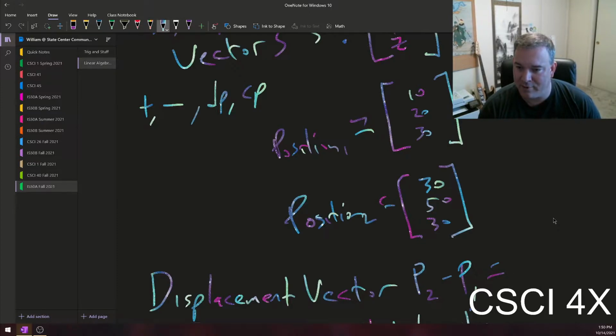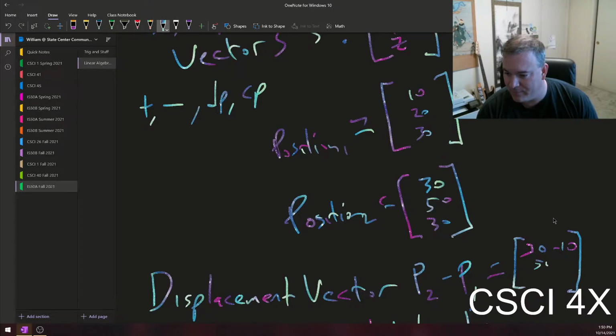You take the x components and you subtract them. 30 minus 10. And the y components, 50 minus 20. And the z components, 30 minus 30.